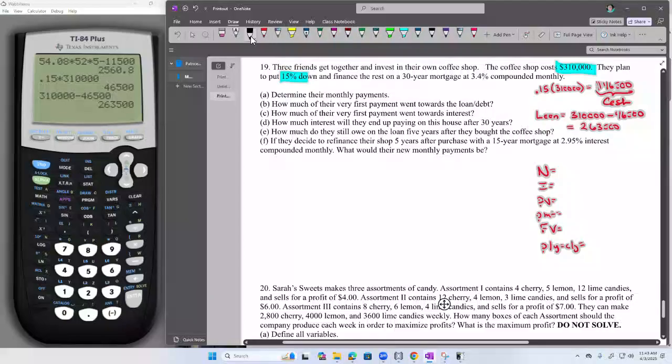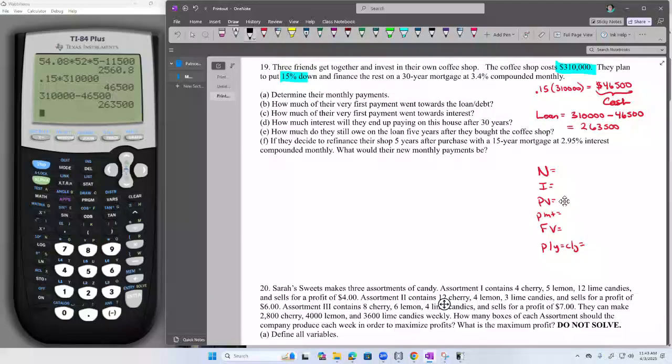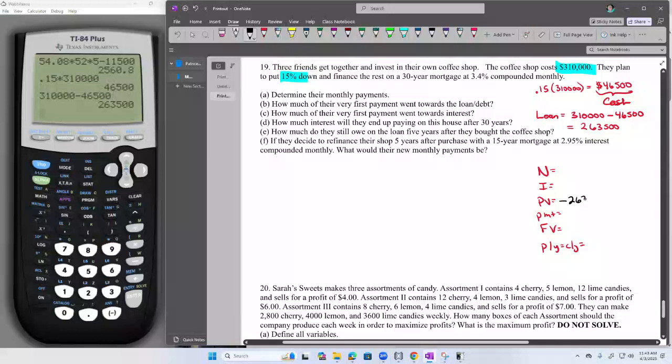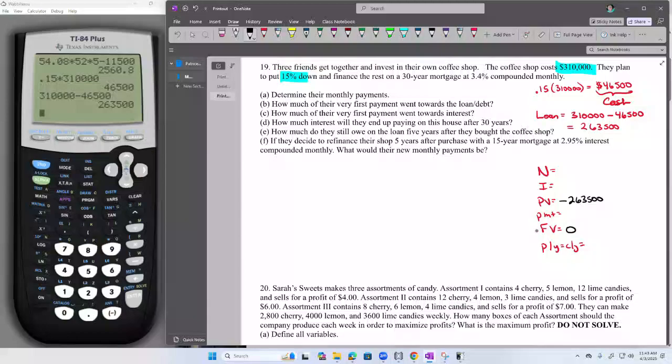All right. So right now I know my loan amount is negative 263,500. I know my future value is 0 because I'm going to pay off the loan. It is 3.4% compounded monthly for 30 years. So 12 times 30, PY and CY are 12. First thing I'm going to do is solve for payments.